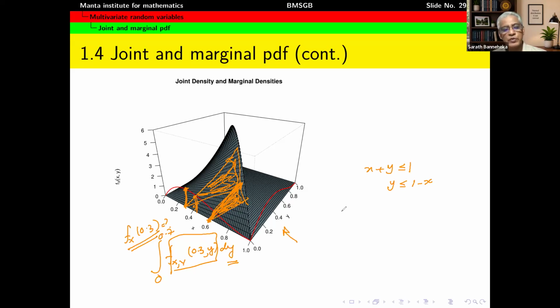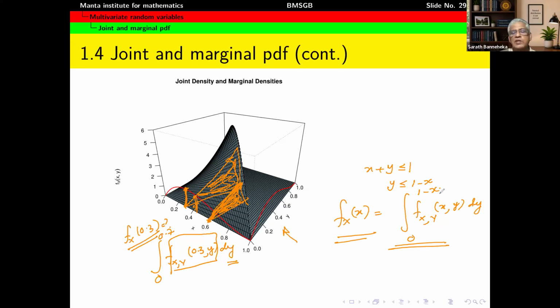So generally, if you want to get fx at x, you will have to integrate fxy evaluated at (x, y) dy, with y changing from 0 to 1 minus x, right? That's how you get a general expression. Otherwise, you can get fx at different values, and in that case, the different value has to be put here, and then you get that value, right?